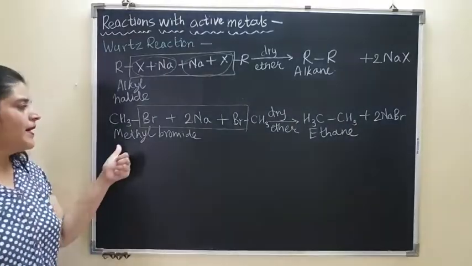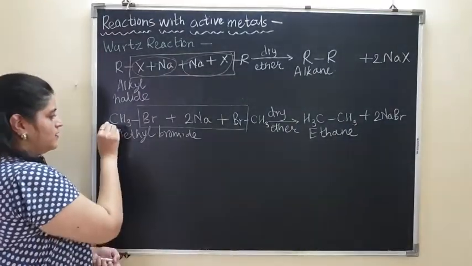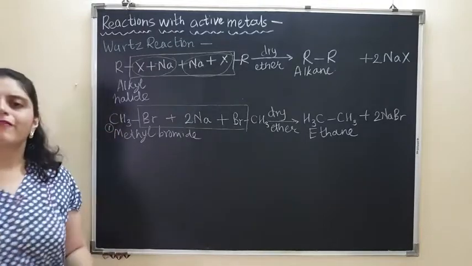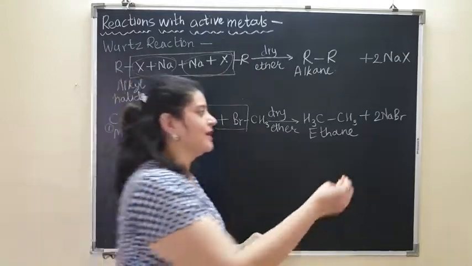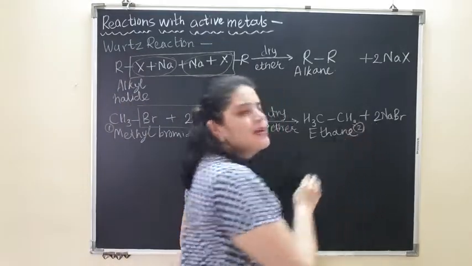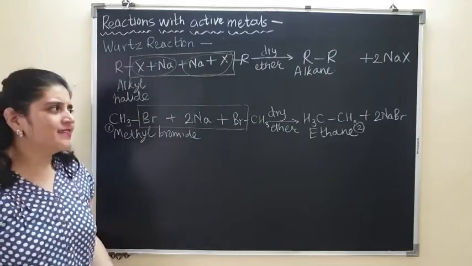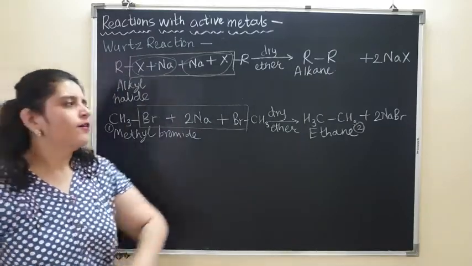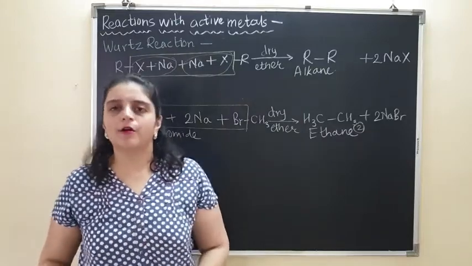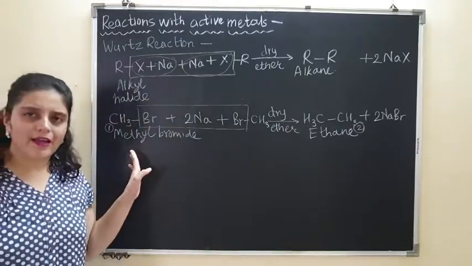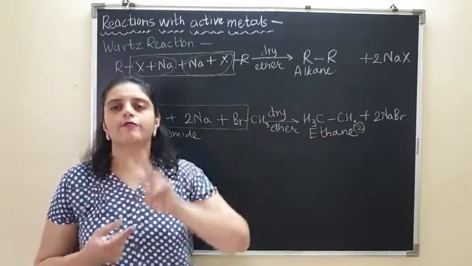So, if you begin with methyl bromide, which has only 1 carbon atom, the product alkane that we are getting is ethane with 2 carbon atoms. Therefore, we can say that we are getting the formation of a higher alkane with double the number of carbon atoms.